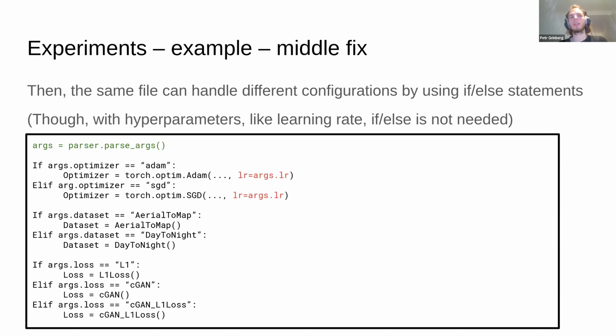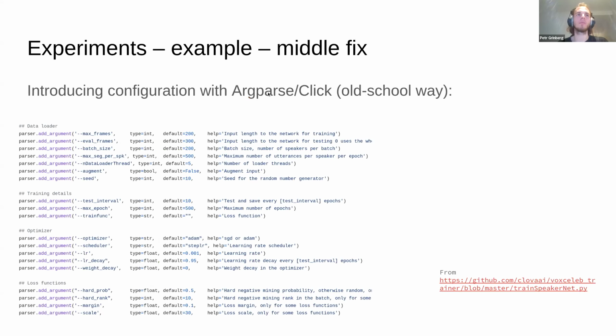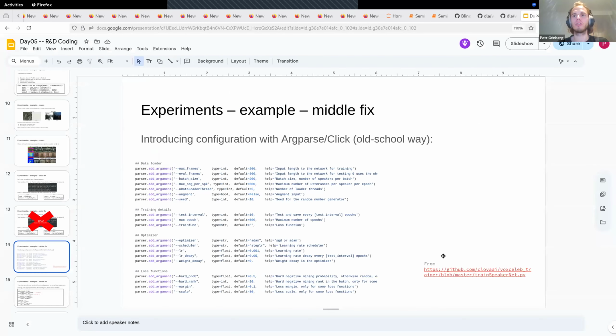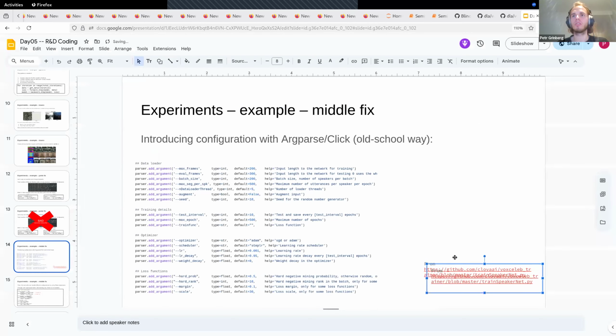Yeah, and it's not mentioned here in the slides, but you can change it through the command line. So you would be able to write something like, let me add it here.